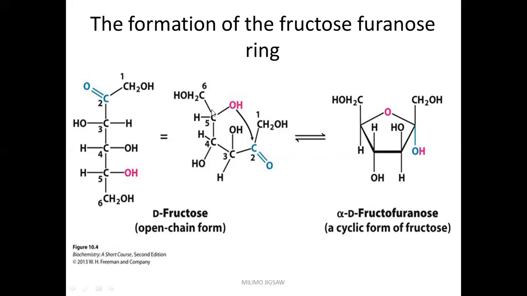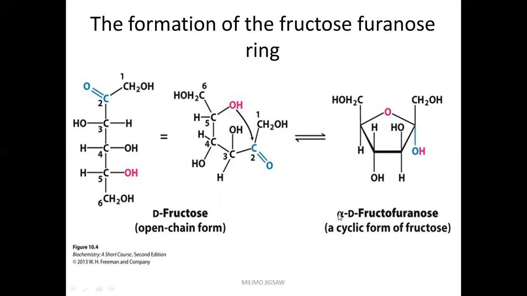So this is simply showing the reaction that will take place. We have carbon 5 and carbon 2 being involved in the reaction to form this fructofuranose ring.